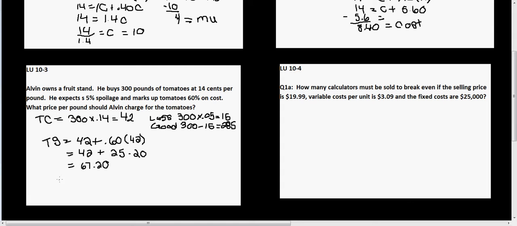All right, so how much per pound am I going to sell this for? I'm going to take $67.20 and divide that by the total sellable pounds.